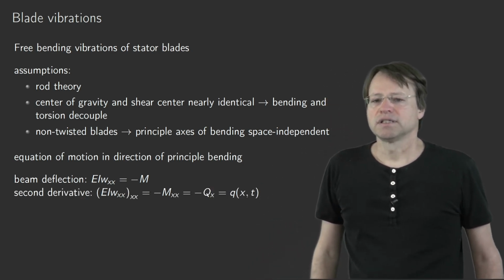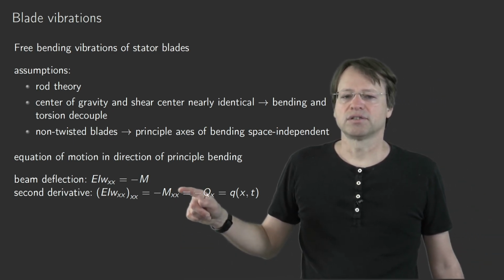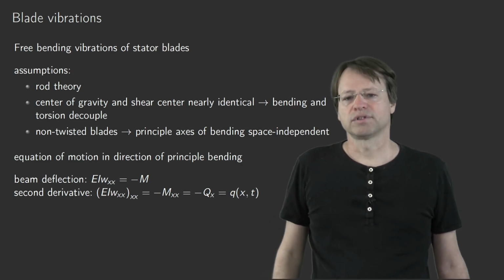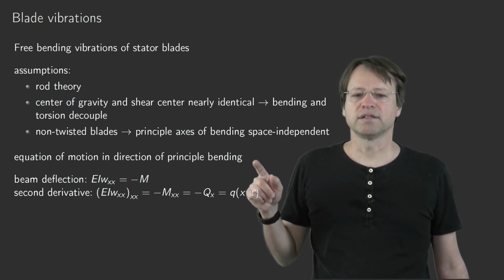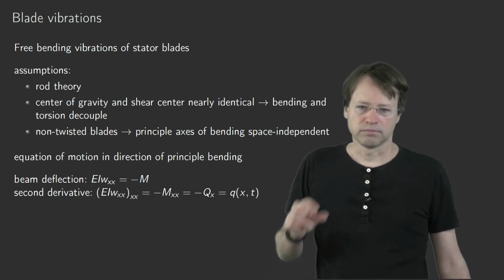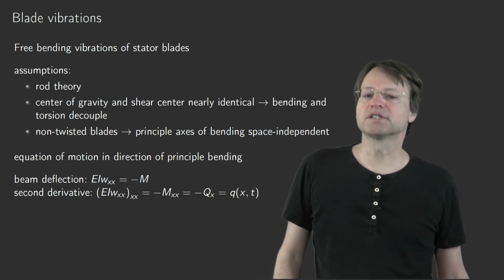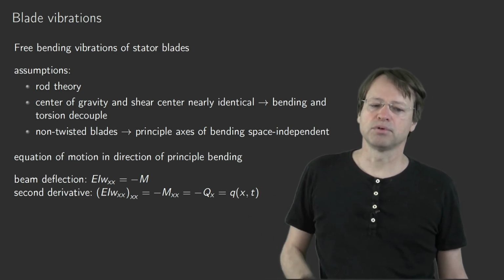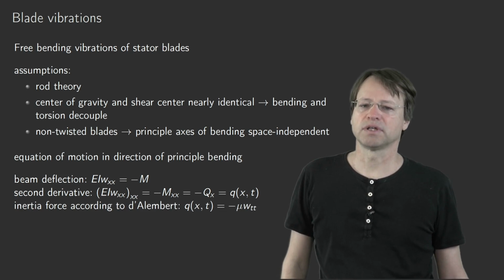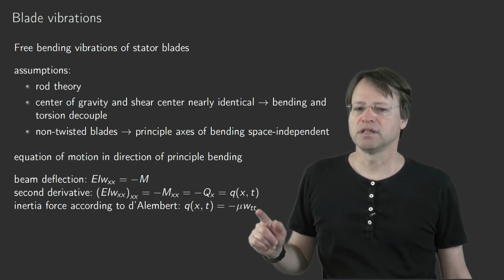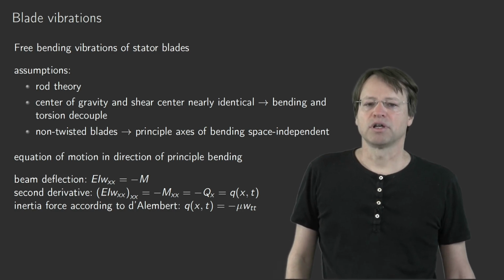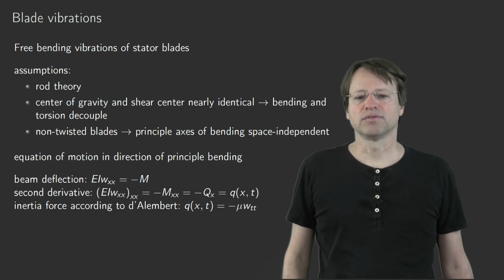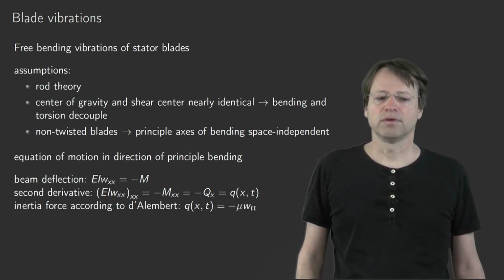The second derivative of that equation leads to the second derivative of the bending torque, leading to the first derivative of the shear force, and this yields then the load, which could be distributed on that beam, the vertical load. And for that vertical load, we put in the inertia force according to D'Alembert's principle with a negative sign. Mu would be the product of mass density times area, and the second derivative with respect to time of the vertical displacement.